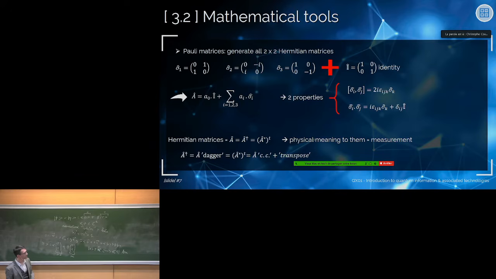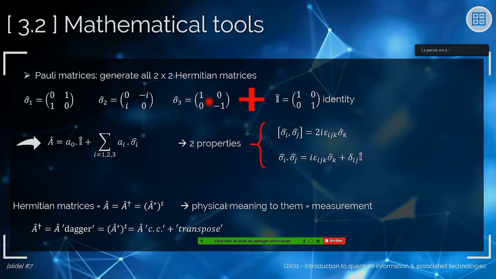So the three matrices that we are going to use quite a lot, as examples, are the so-called Pauli matrices. So there are 2x2 Hermitian matrices. They are sigma 1, sigma 2, and sigma 3.